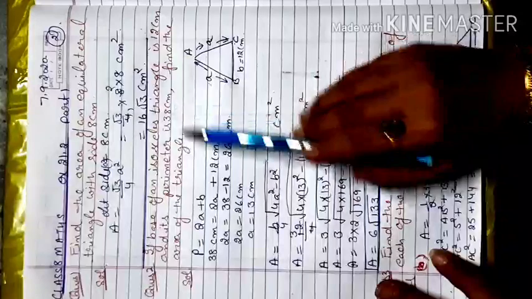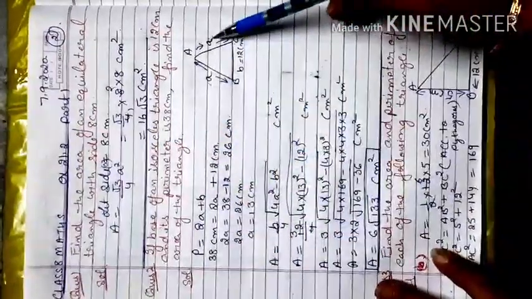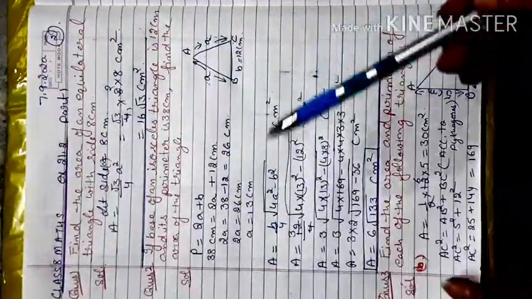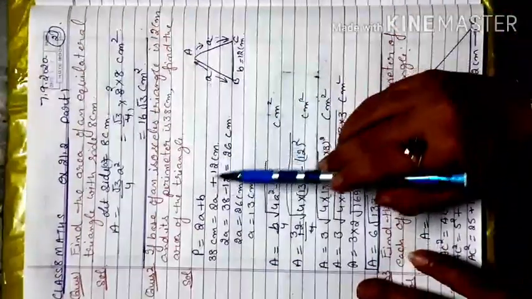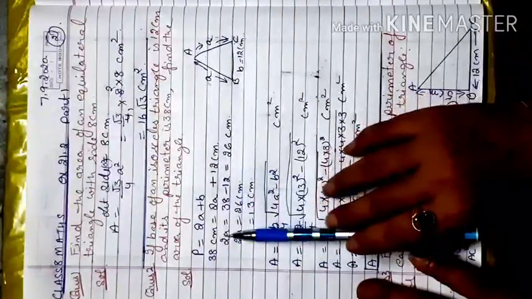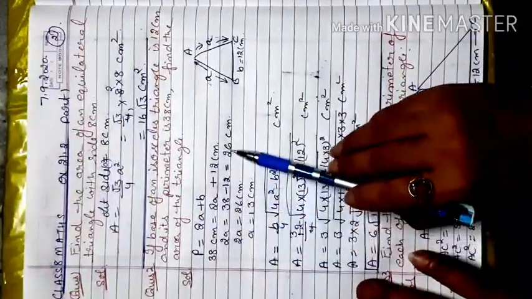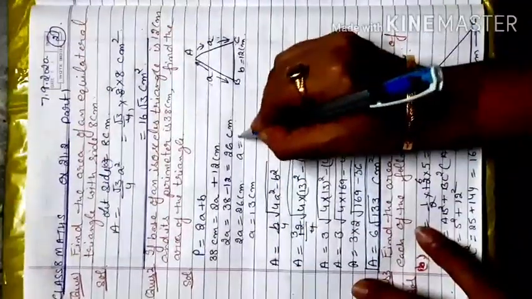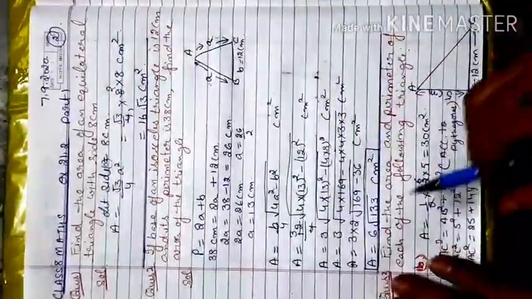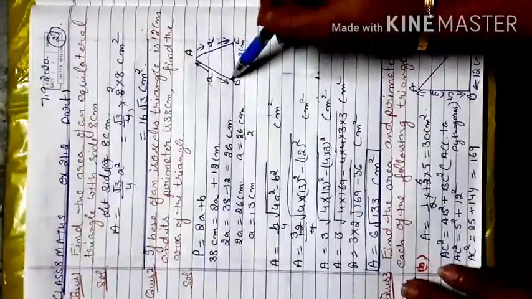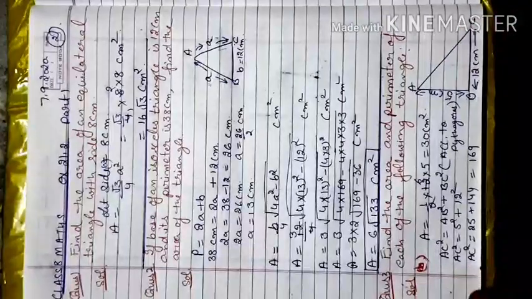Perimeter is equal to 2 times a plus b, addition of all the sides. So when I apply b value and perimeter value, 38 minus 12 is equal to 2a, that gives me 26 centimeter, and 26 divided by 2 gives me 13 centimeter as side. So this side is 13 centimeter, this side is also 13 centimeter.